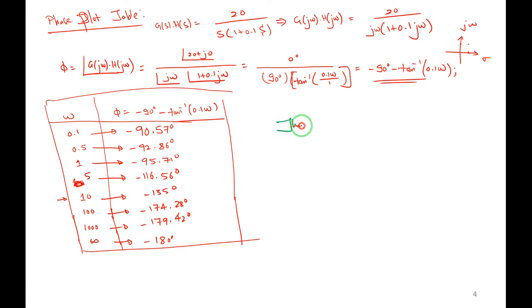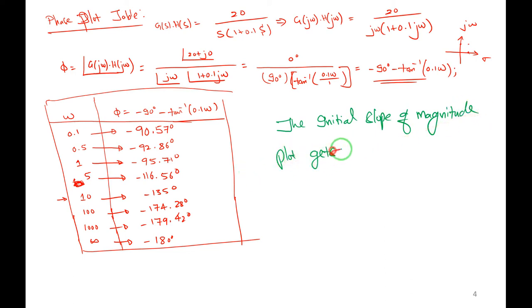The initial slope of magnitude plot gets decided by the poles or zeros lying at origin.